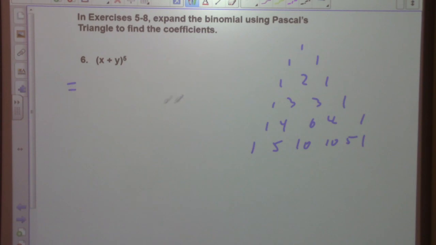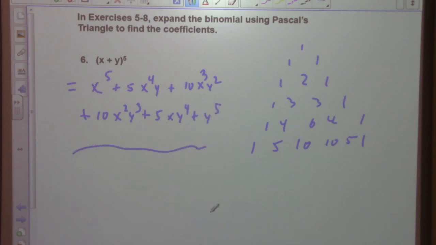So for number 6, I'd have x to the 5th plus 5x to the 4th y plus 10x to the 3rd y squared plus 10x squared y to the 3rd plus 5x y to the 4th plus y to the 5th. So that's what number 6 should look like, right? Yeah.